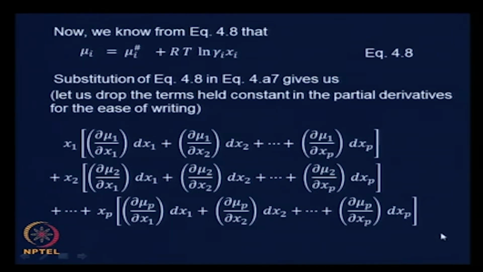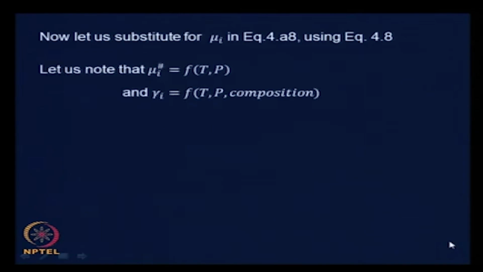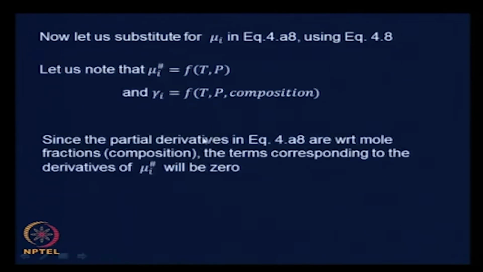We need to write all the terms if we need to do it properly, but for ease we took one term at a time. And also we had noted that mu I hash is a function of temperature and pressure alone, and this became handy when we took the derivative with respect to composition, and such terms would vanish because this is not a function of composition, whereas gamma I is a function of temperature, pressure and composition, therefore all terms would remain there.